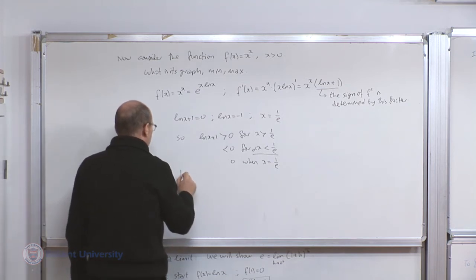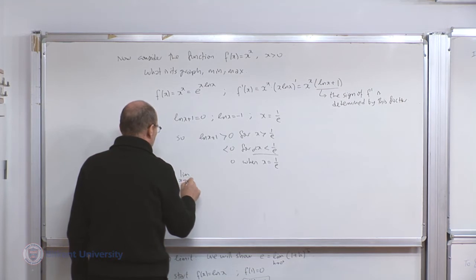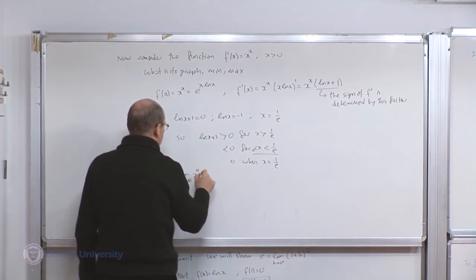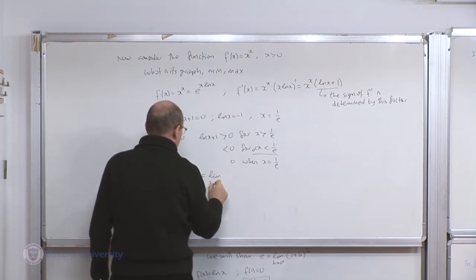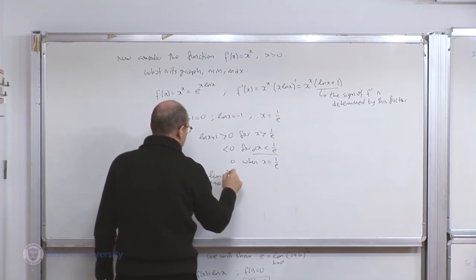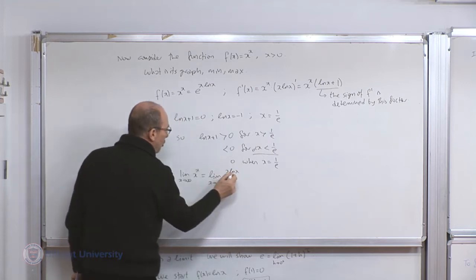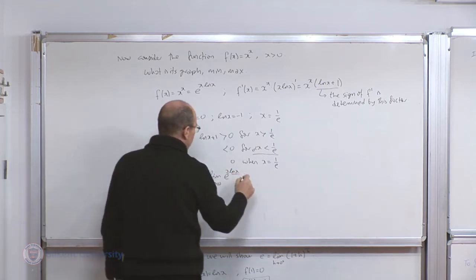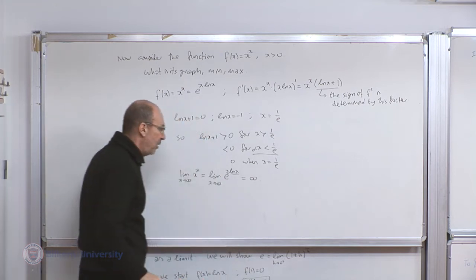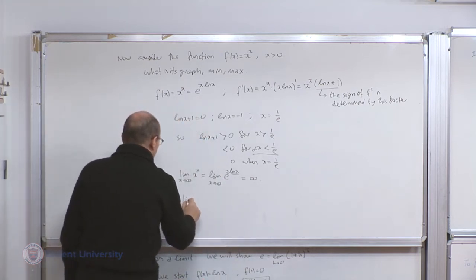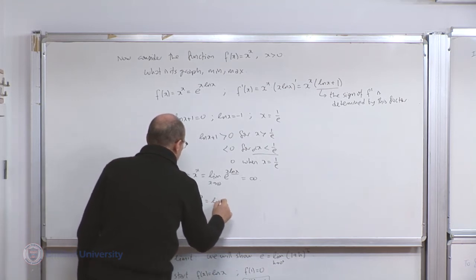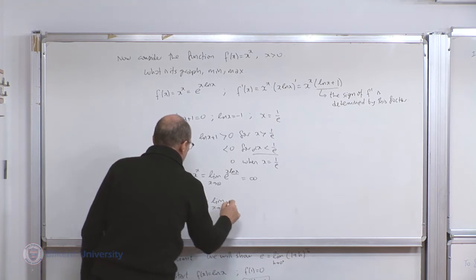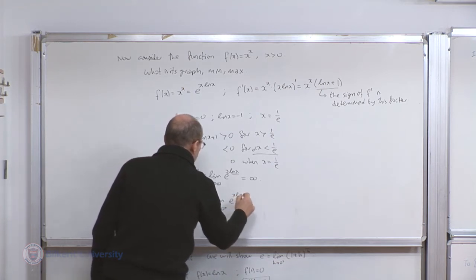Okay, so the limit as x goes to infinity of x to the x is equal to, okay, let's look at this part, the limit as x goes to infinity of e to the x ln x. So this goes to infinity, this goes to infinity, so this is e to the infinity. But the limit as x goes to 0 from the right of x to the x is the limit as x goes to 0 from the right of e to the x ln x.